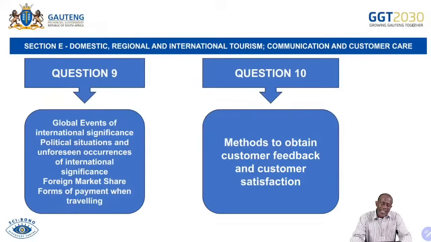So with question 9, you have topics that are covered as global events of international significance, and that is your World Cups, that is your Cricket World Cup, your Rugby World Cups, that is events such as the G20. Those are your global events of international significance.